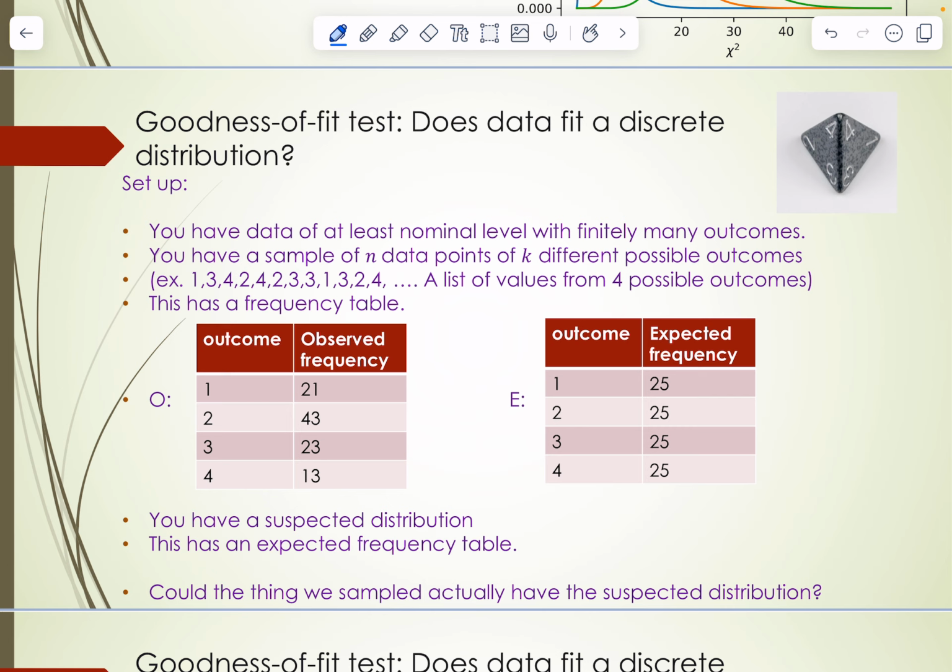An example would be if I was rolling a 4-sided die, as pictured in the top corner, and these were the results. This would give me a frequency table. If I rolled it a total of 87 times, I would get this frequency. Now, it looks to me like this might not be uniformly distributed.